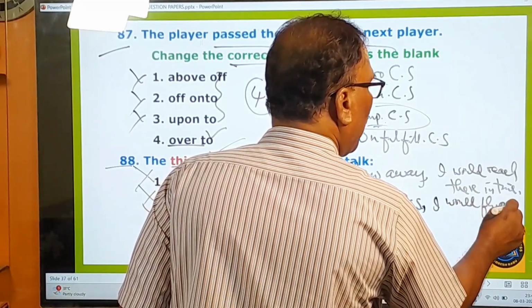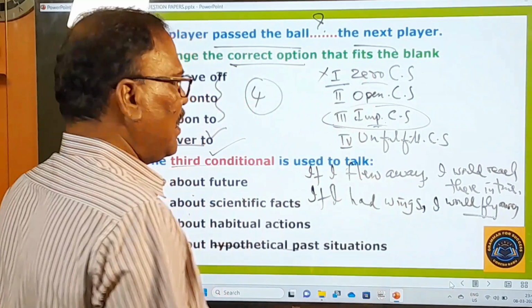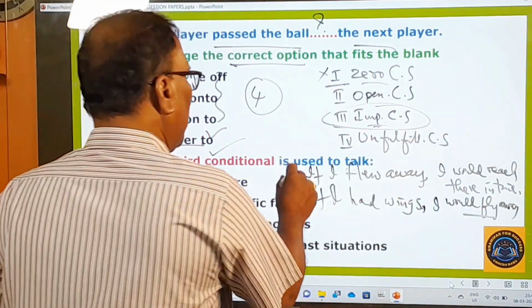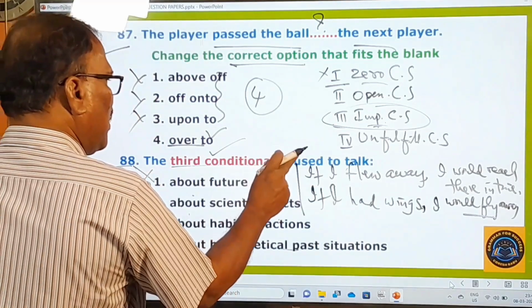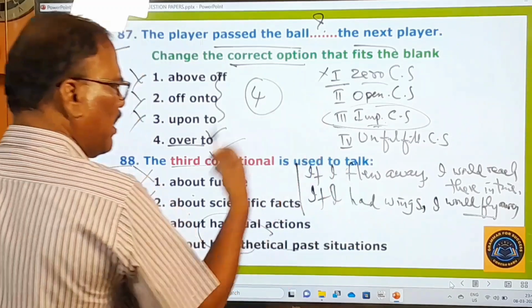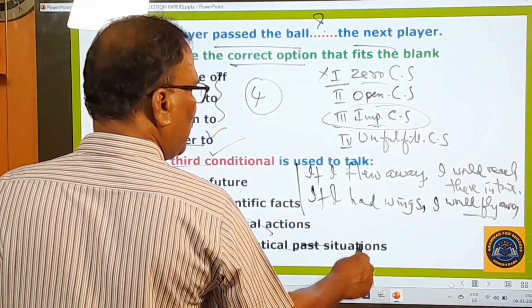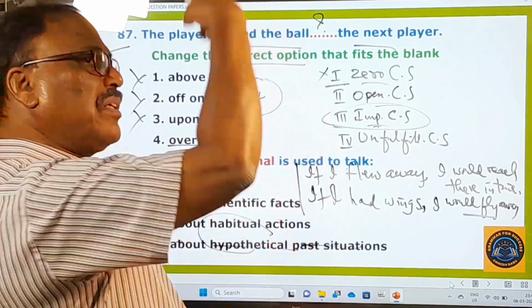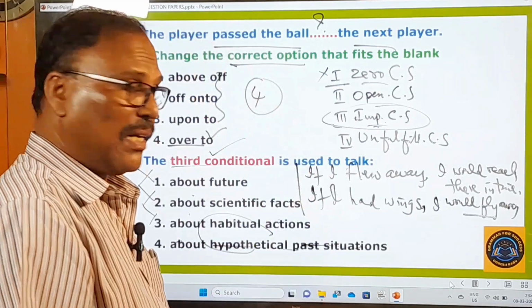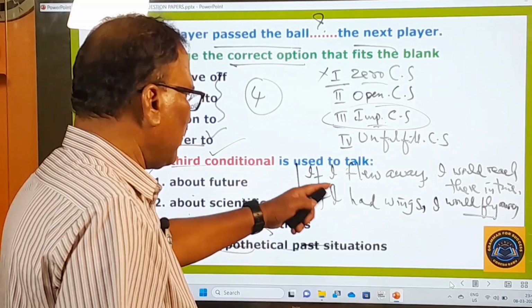If this is there, this happens. Since this is not there, you cannot fly. So that's an impossible conditional sentence. So third conditional is used to talk about hypothetical. Hypothetical means imaginary past situations. Imaginary situation. If I had wings, if I had flown away. These are all hypothetical past situations.